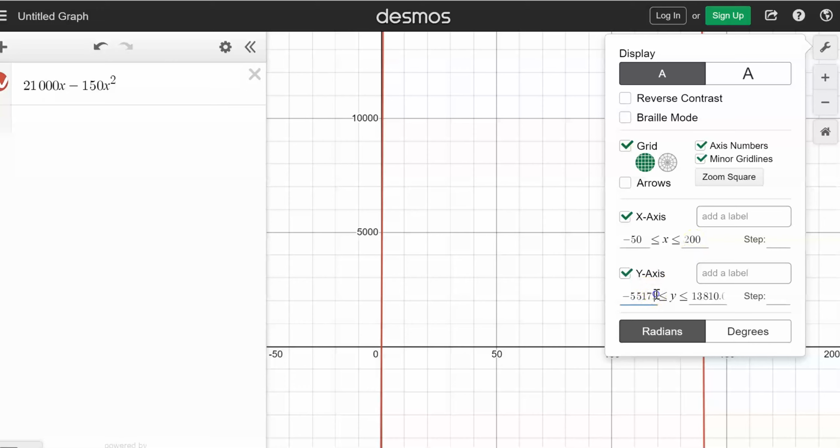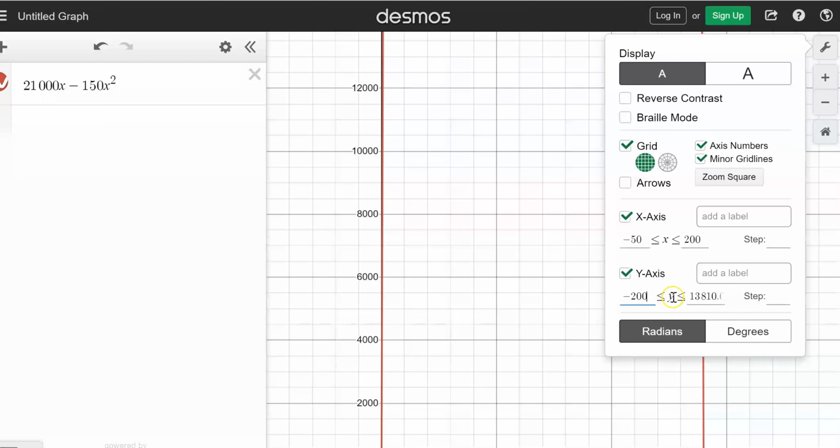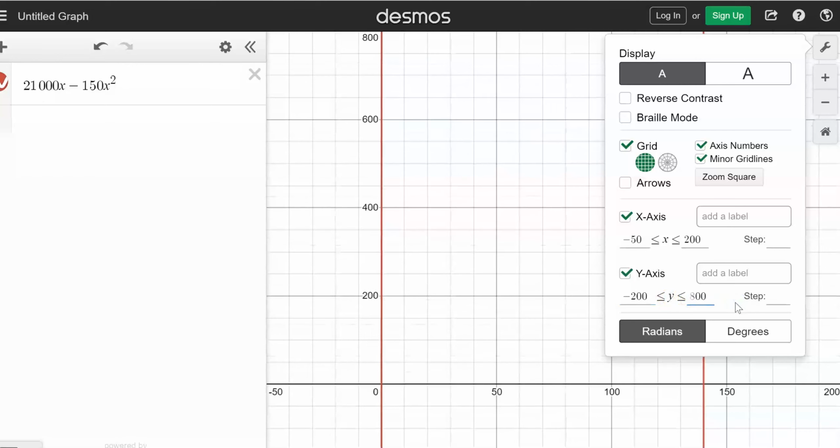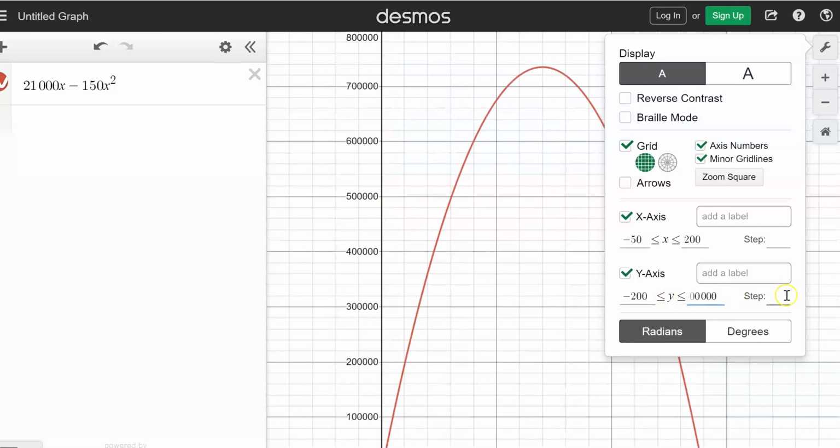And my y-axis, I know I want to stay positive, but maybe I give it a little bit of negative, so maybe -200. And then I need to go up to 735,000, so maybe I'll just put 800,000 just to have something nice and easy.